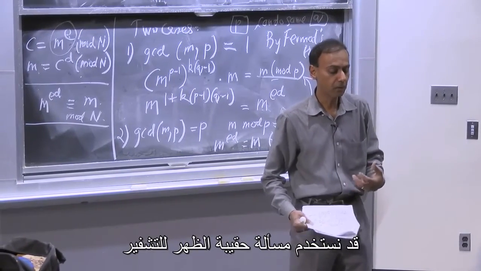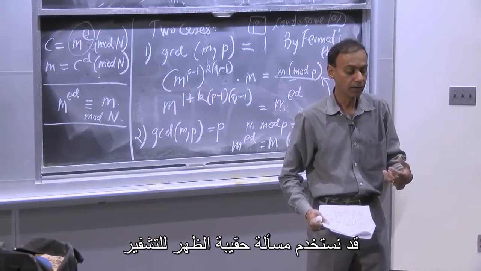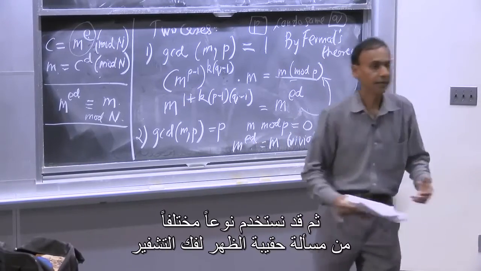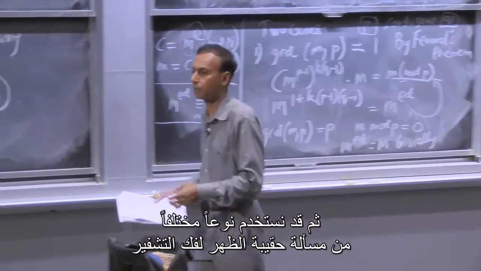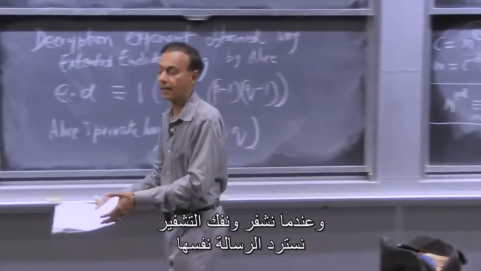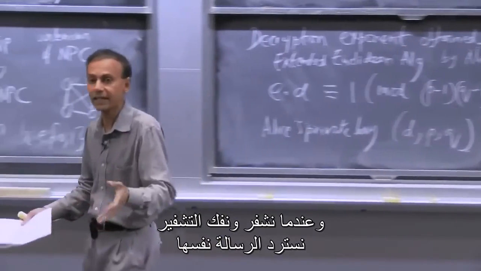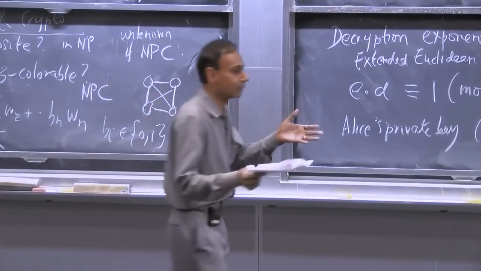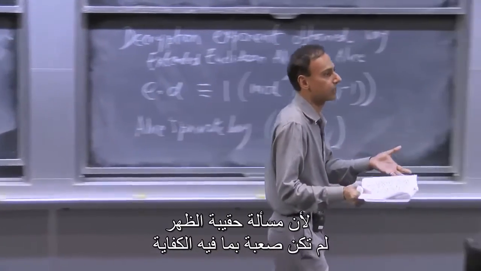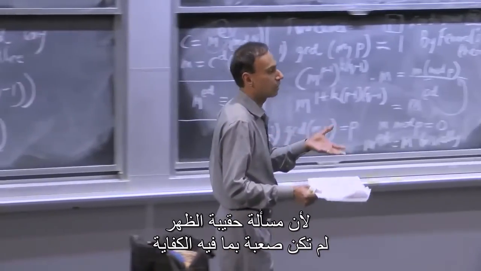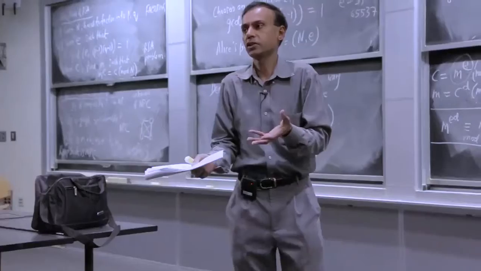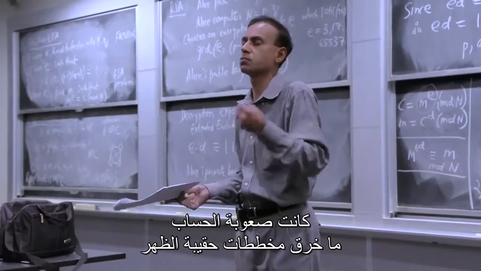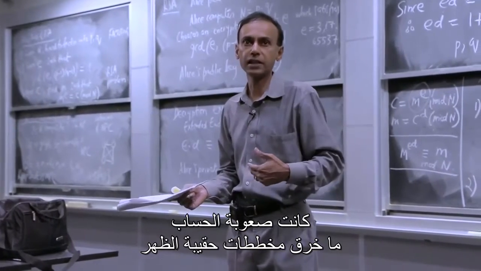You'd use the knapsack problem to encrypt, and then you'd use a different kind of knapsack problem to decrypt. And when you encrypted and decrypted, you did get that same message back, except the whole world knew what the message was, because the problem associated with the knapsack wasn't hard enough, right? So the computational hardness was what broke the knapsack schemes.